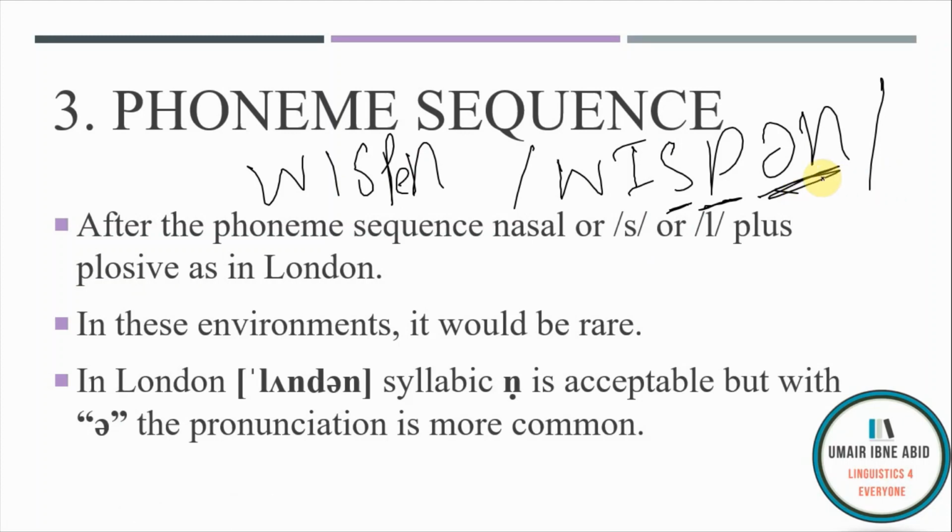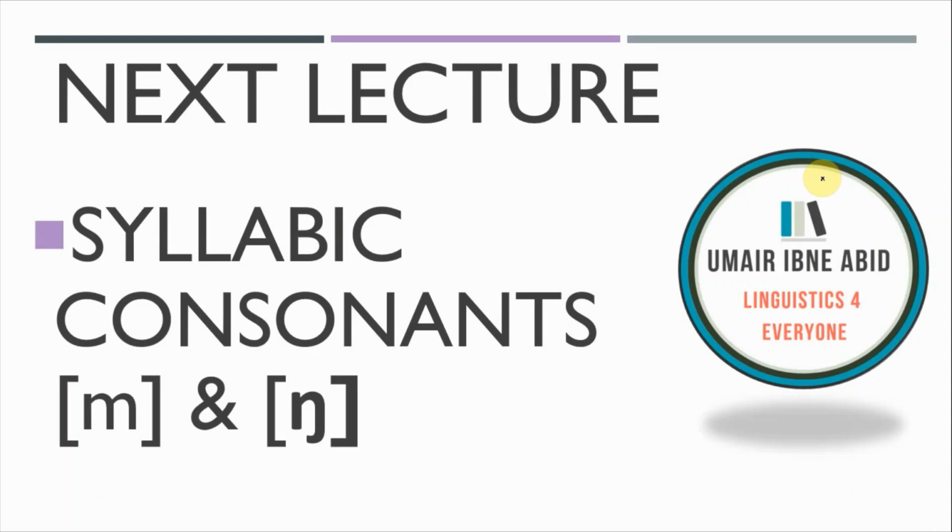So this is all about today's lecture. I hope you have understood it. I apologize that the lecture has been very long, but sometimes we have to understand these conditions, and they are very helpful to understand what is happening in real language.